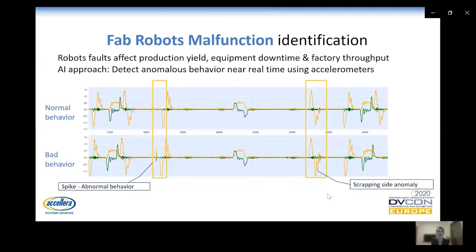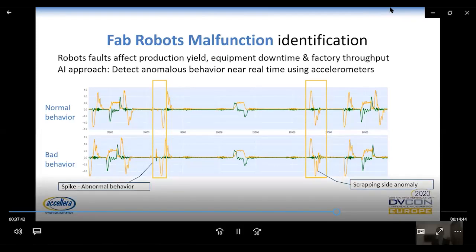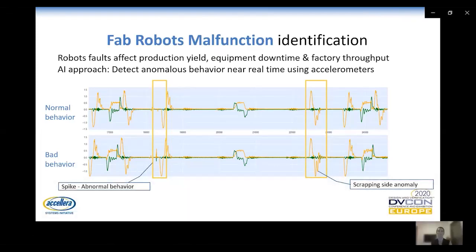What we have tried to do is to identify anomalous behavior in order to understand if that system requires some maintenance, to ensure that it won't affect the goods that machine is currently manufacturing.